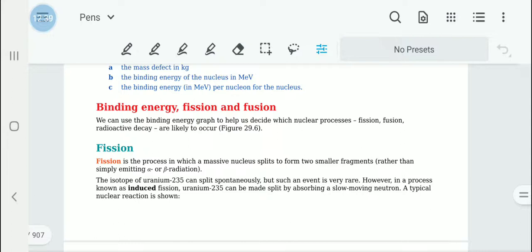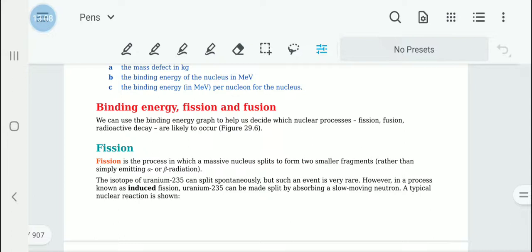the binding energy. Now we know that fission is the process in which a massive nucleus splits to form two smaller fragments. Not just alpha and beta radiation, there are two fragments. Now if you take the isotope uranium-235, it can split spontaneously, but that doesn't happen very often.